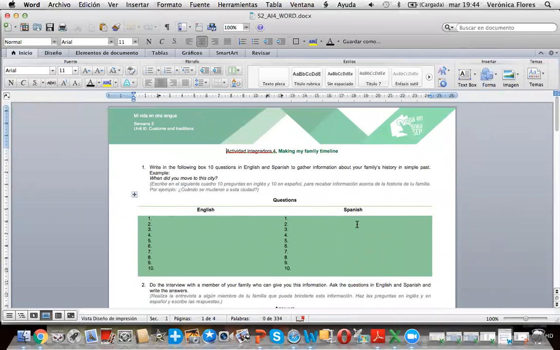Okay, for example, write in the following box 10 questions in English and Spanish to gather information about your family history in the simple past. For example, when did you move to the city?